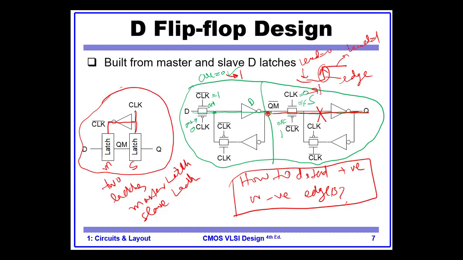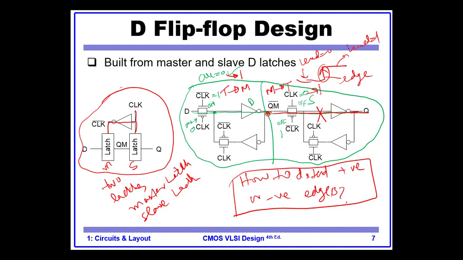And what will happen at that point? This one was transparent, this one was in memory mode. At this magic point, the transparent master will go from transparent mode to memory mode, and the slave will go from memory mode to transparent mode.